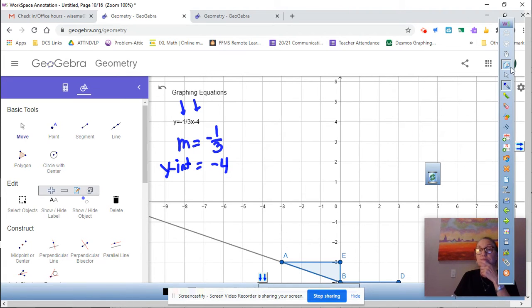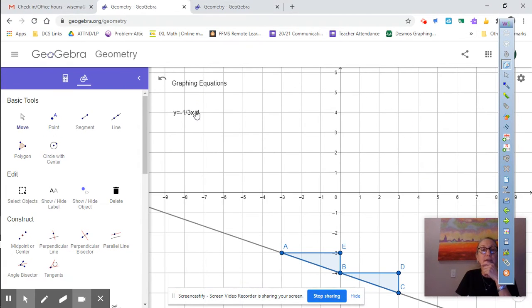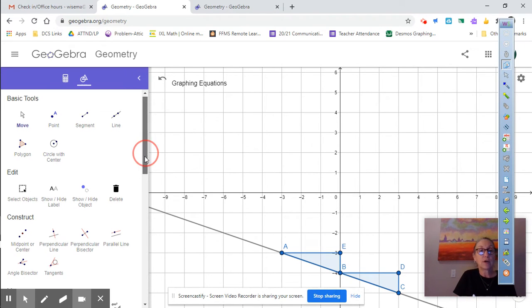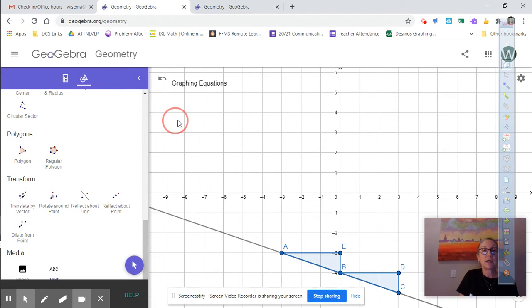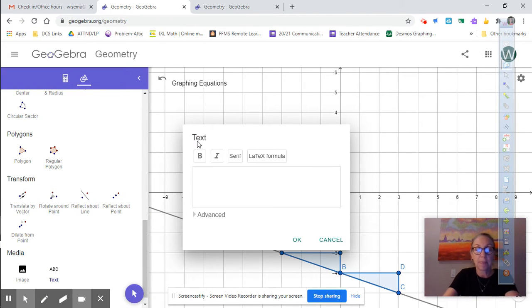Let's do another one. Go back here. I'm going to delete this. Just delete it. Let's do another equation. I'm going to type it in. Come down here, go to the text box, and I'm going to type in y equals 2x plus 5.